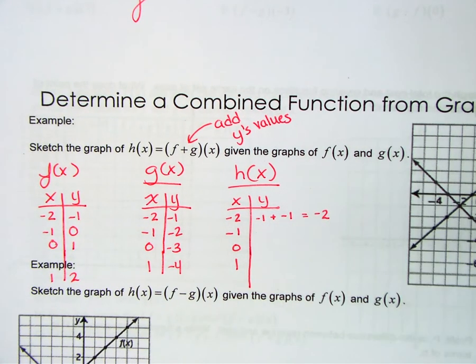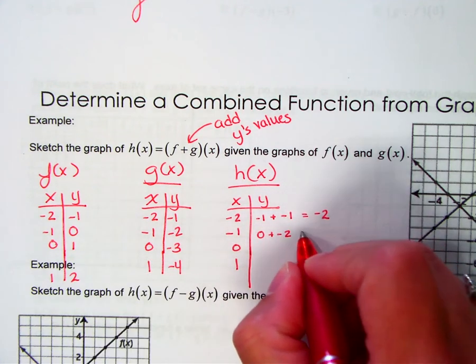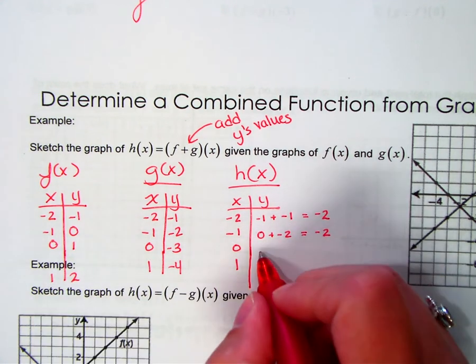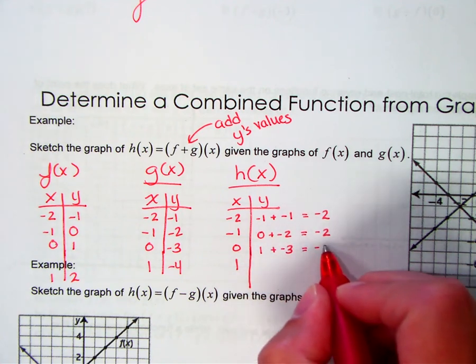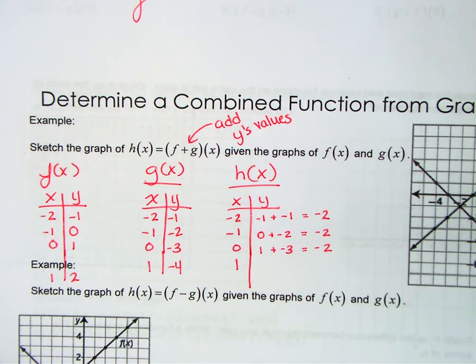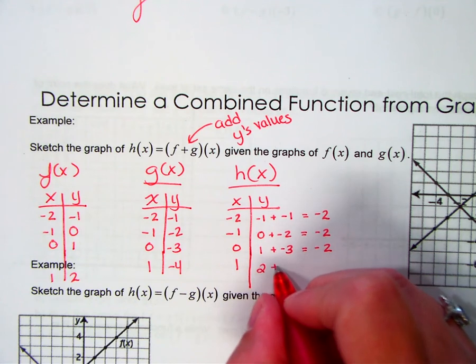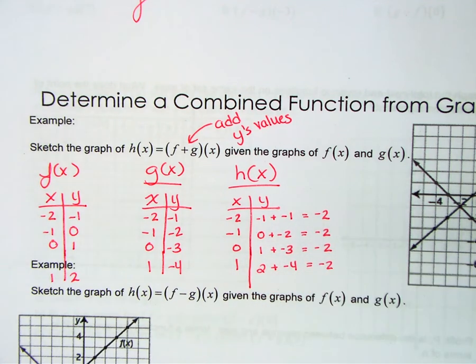Gives me -2. 0 plus a -2, gives me -2. And then I have 1 plus -3. And then I'm going to have 2 plus -4. Holy Hannah, this has turned out to be a straight line.